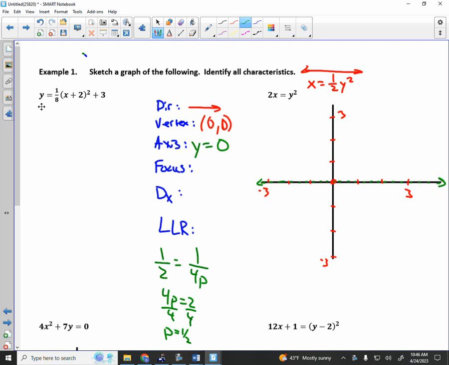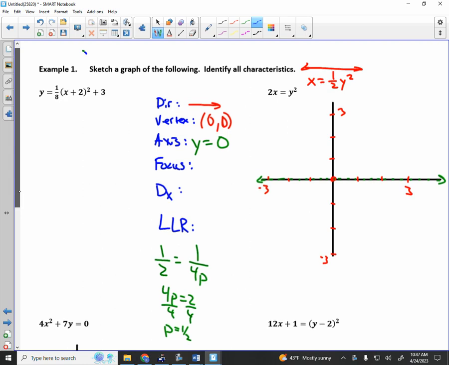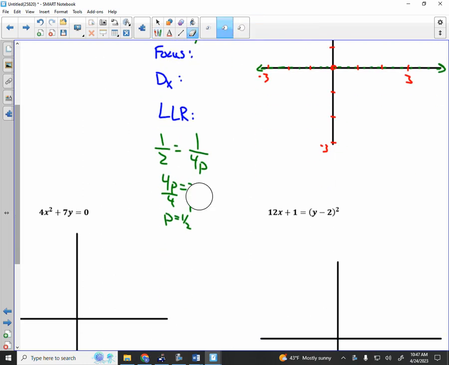Okay. So we've got P is 1/2. So I have 1/2 is equal to 1/4P.